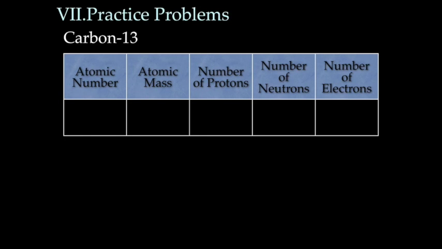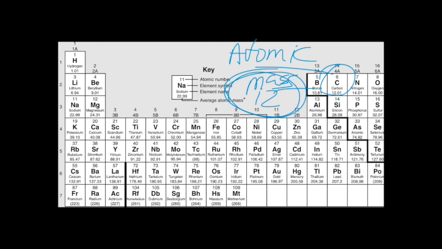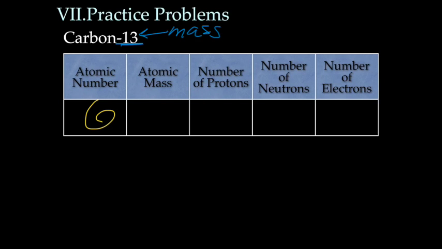Our atomic number is 6. We had a mass of 12, but we have here carbon-13. Whenever you have a number written like that, that is this particular carbon's mass. Remember, this number here is an average. That 13 is for that particular carbon. So in this particular carbon, the atomic mass is 13.